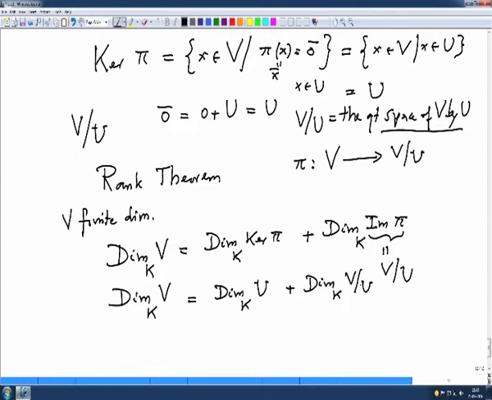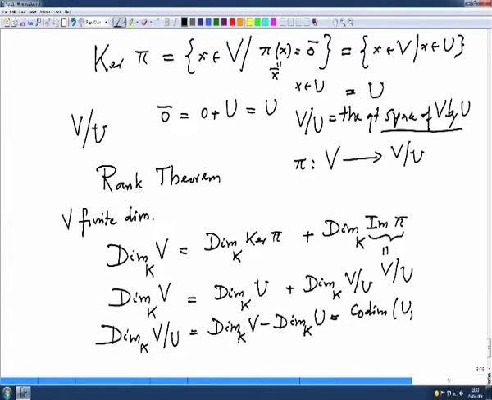And now, if I want the formula for the dimension of V by U, I can shift this U to the other side. So, dimension of V by U equals dimension V minus dimension U. And remember, this is nothing but the codimension of U in V. Some people also call this V by U a factor vector space or quotient vector space or residue class space.